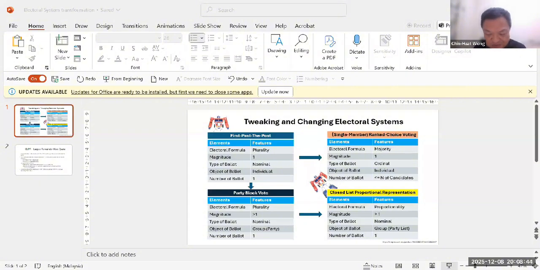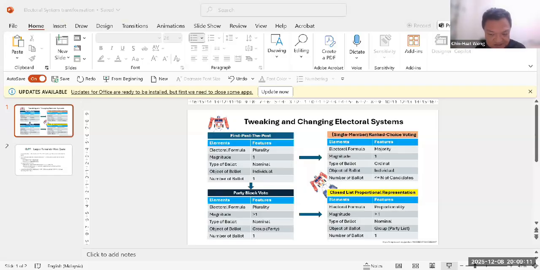The idea of closed list proportional representation is to say we still want to have multiple members, but now we want it to reflect the strengths of different parties. So if you go back to 51 and 49%, two parties contesting, then closed list proportional representation would give the winner three seats and the loser two seats.